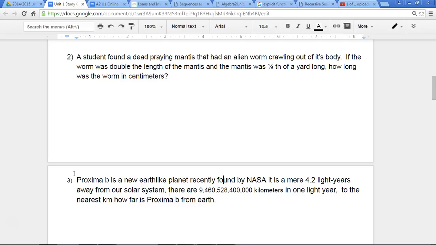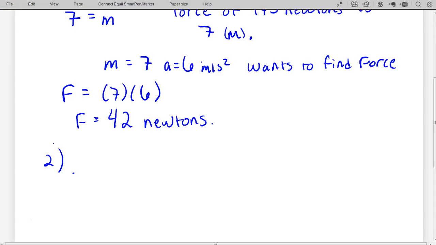So if the mantis is 1/6 of a yard long, can you just figure out how many feet that would be? That'd probably be the easiest thing to do.